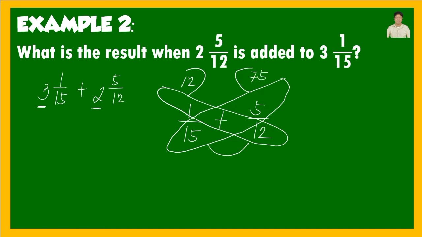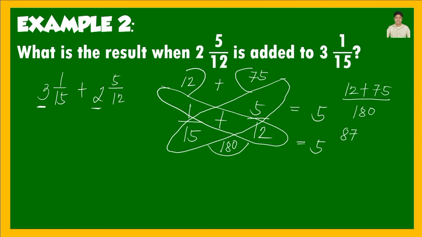And then, 15 times 12, that is 180. So, add natin ngayon. So, yung whole numbers, 3 plus 2, that is 5. And then, 12 plus 75 over 180. So, 5 and the sum of 12 and 75 is 87.